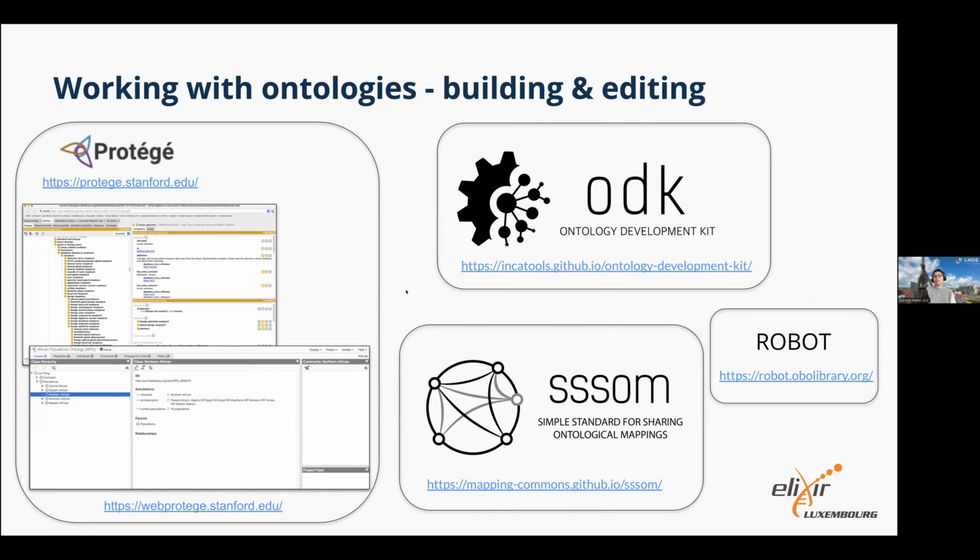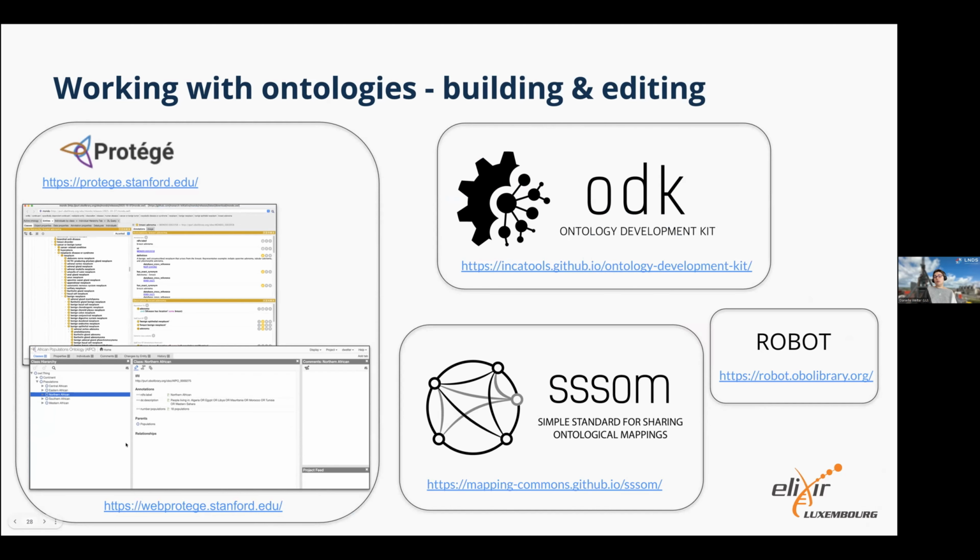If you're really keen on working with ontologies and actually getting your hands dirty with them, the most common ontology editor, also open source, is Protégé. There's a downloadable desktop version, and there's now also WebProtégé, which is a bit like a Google document or a Google spreadsheet for ontologies, where you can do collaborative editing.